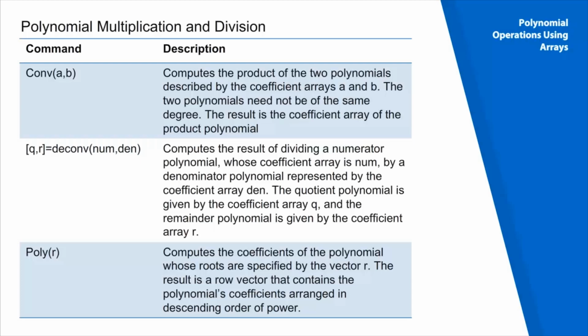The quotient polynomial is given by the coefficient array q and the remainder polynomial is given by the coefficient array r. Then we have poly(r), which computes the coefficients of the polynomial whose roots are specified by the vector r. The result is a row vector that contains the polynomial's coefficients arranged in descending order of power.